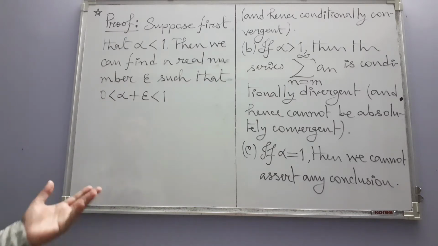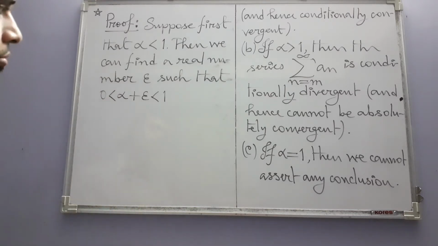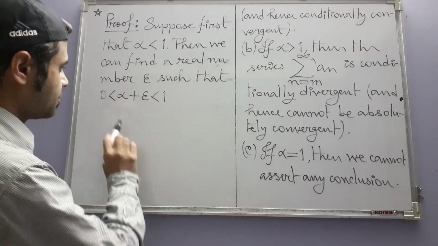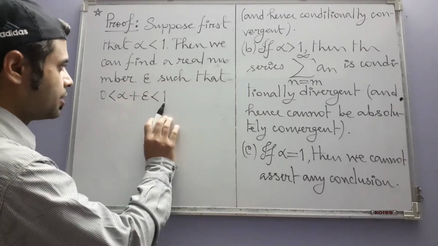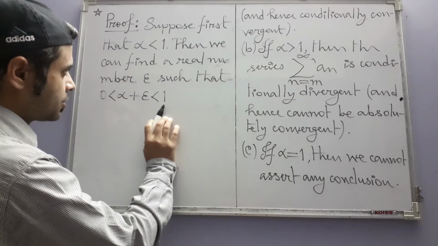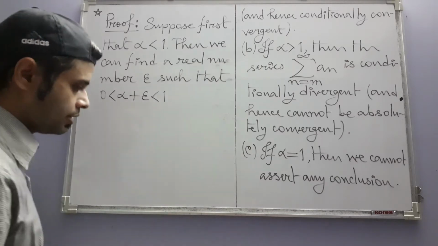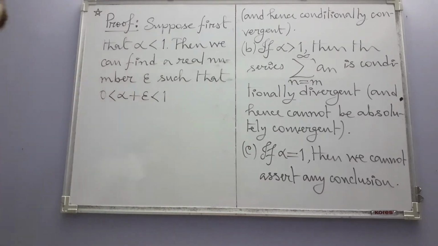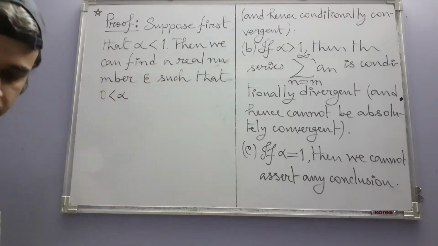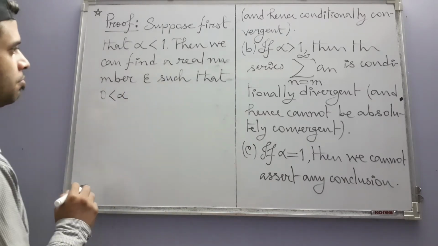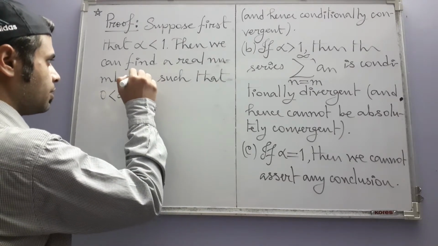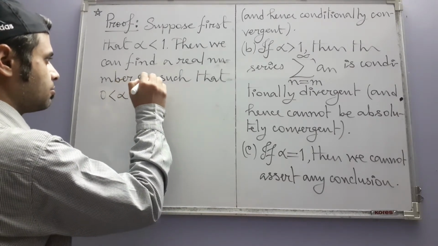Okay, now, how are we claiming that we can find a real number epsilon such that this thing is true? Perhaps instead of just directly writing this, I should also include this fact: not just epsilon but a positive epsilon.